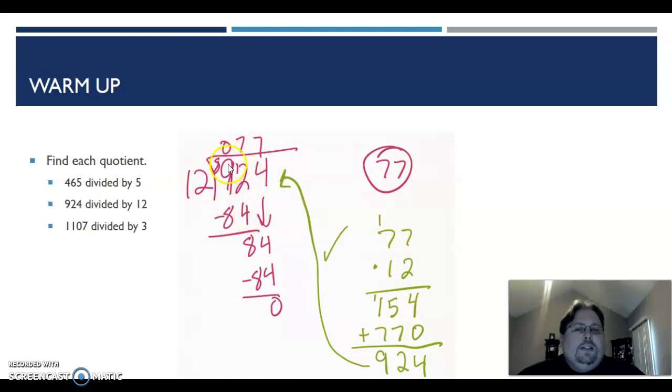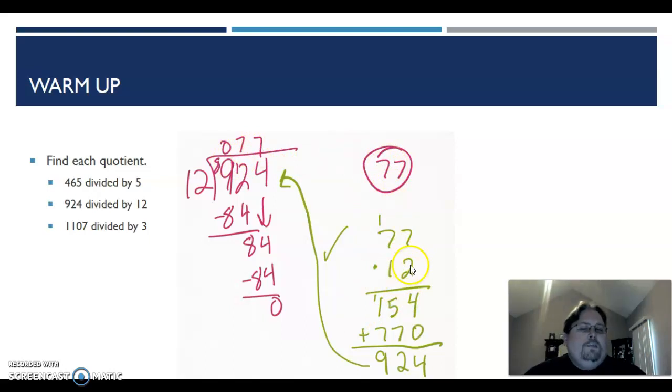In order to subtract them, I have to borrow from the 9 to make that 2 a 12. 12 minus 4 is 8. 8 minus 8 is 0. Then I bring down my 4. 12 goes into 84 7 times, so 7 times 12 is 84. 84 minus 84 is 0. So I have an answer of 77, and here I go and check it.